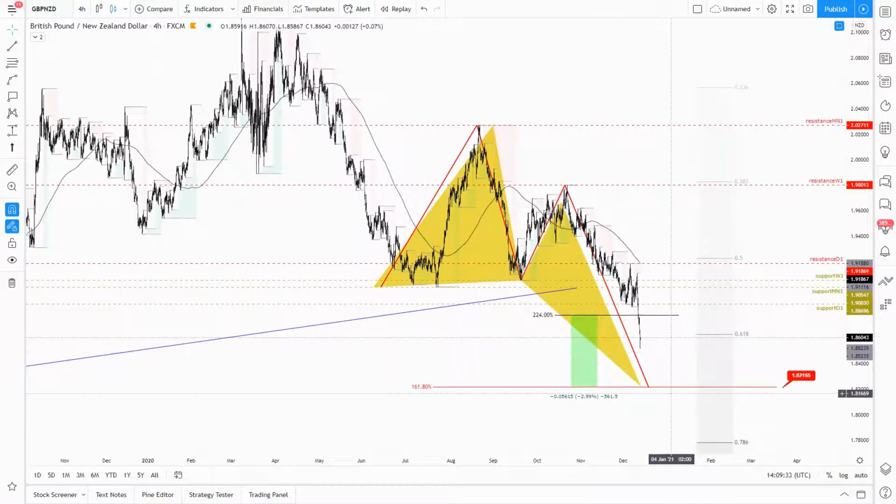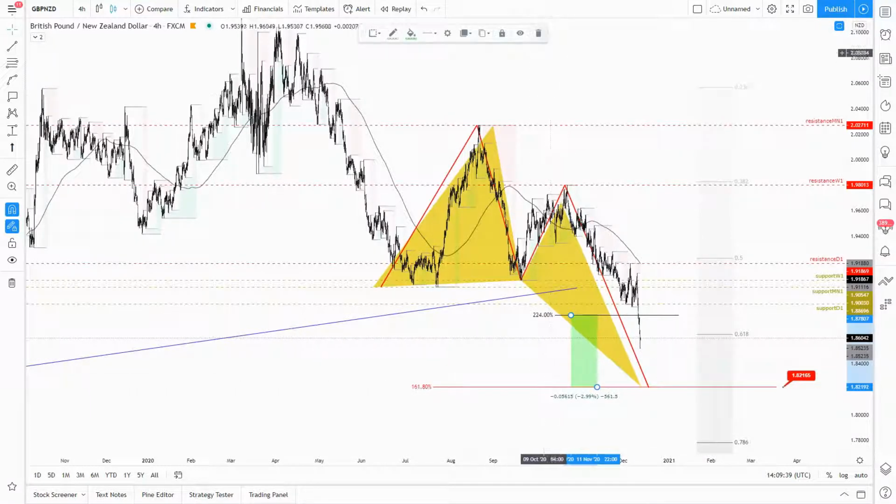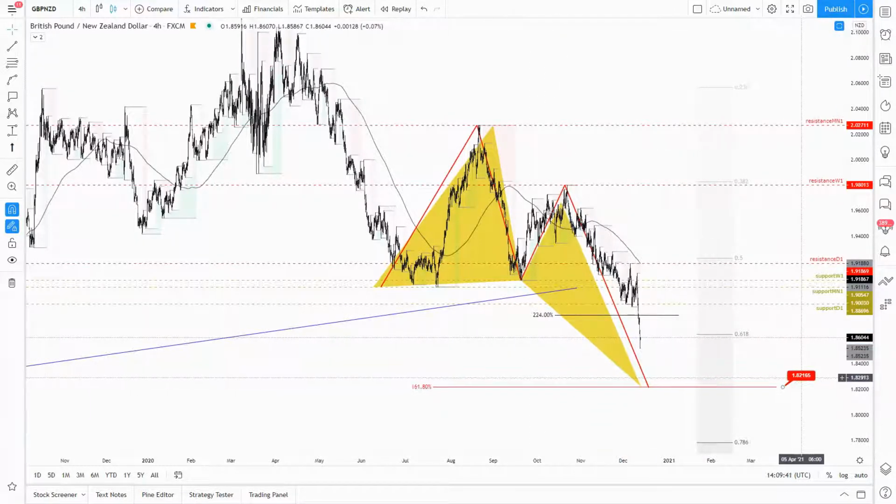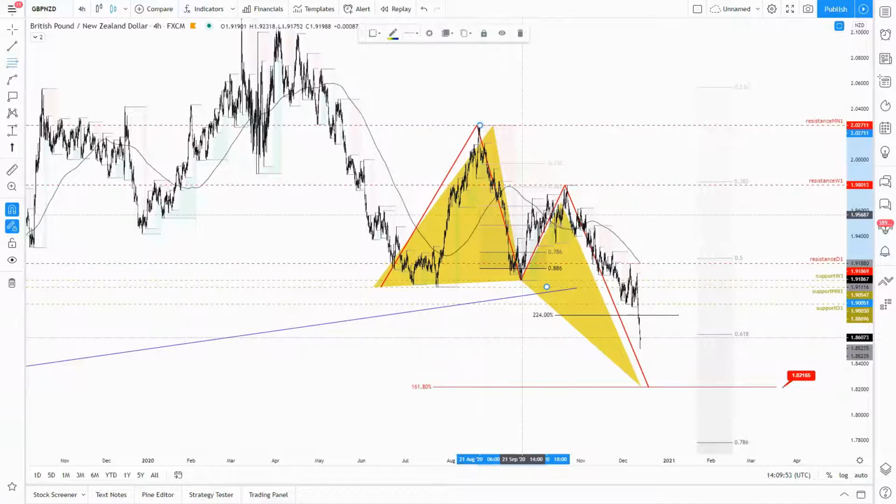Let's see if the price will confirm my default projection at 182.16, 168 extension, another deep crab pattern. And why is it a deep crab pattern? Because we have this deep retracement here. At least the market has respected the previous structural lows and the starting point of the pattern.